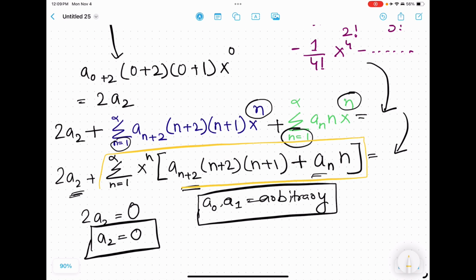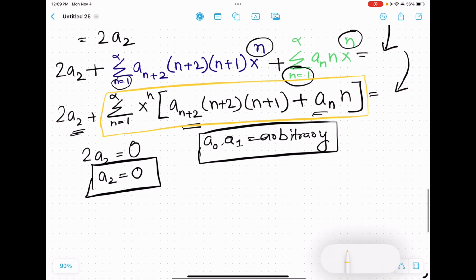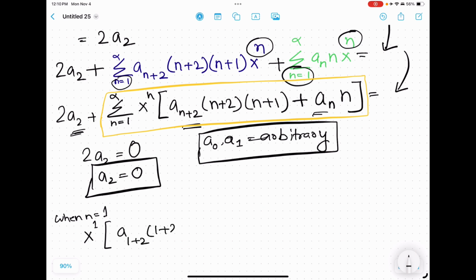In order to find the coefficients, I will look for the corresponding coefficient for different powers of x at my right. So let's do that. When n is equal to 1, the power of x is 1, and I have a sub 1 plus 2 times 1 plus 2 times 1 plus 1, plus a sub 1.